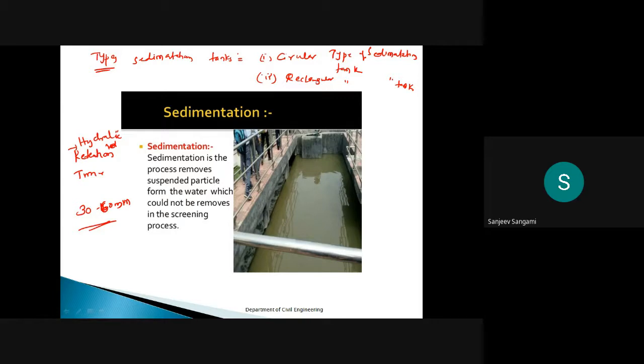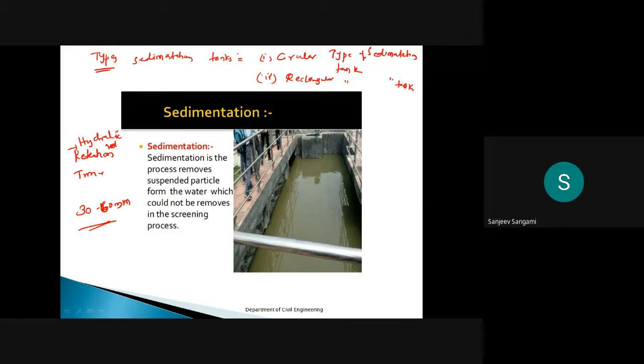If you keep the water for a long time, automatically it is going to settle. You can conduct one experiment in your house also. Take a glass beaker, or even a glass lota, take some soil particles and just put them in it.